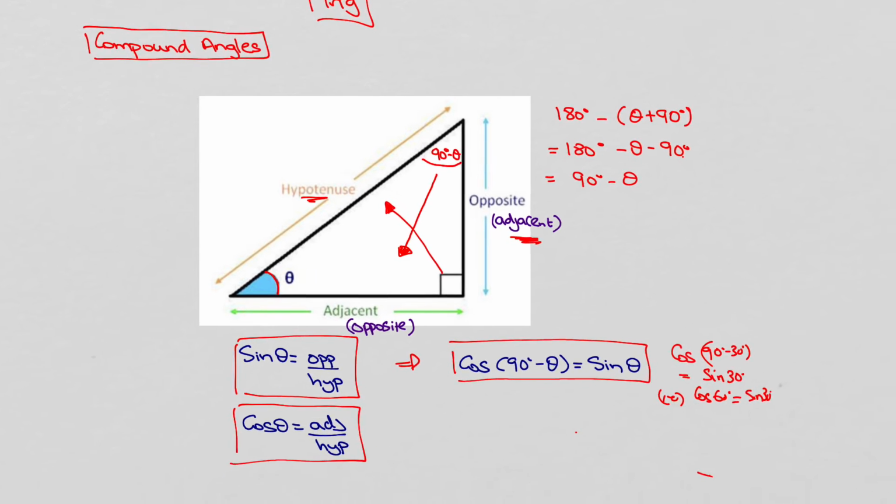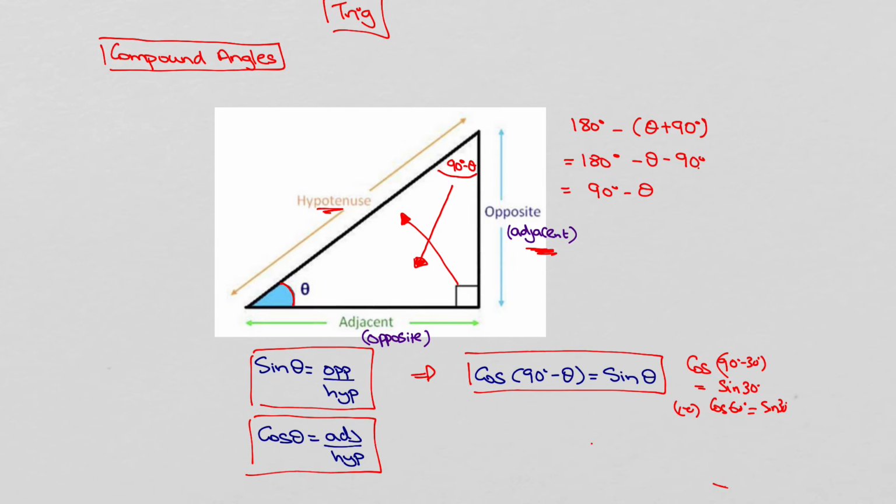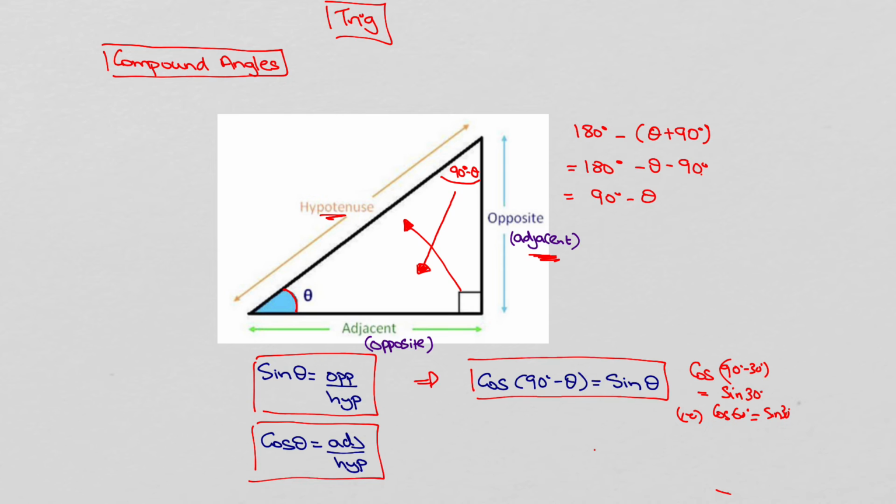I'll just move that screen over a bit for a second. And of course, if we look at cos theta, which was adjacent over hypotenuse, the adjacent is now the opposite over the hypotenuse for 90 degrees minus theta.